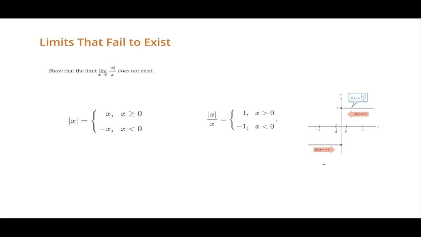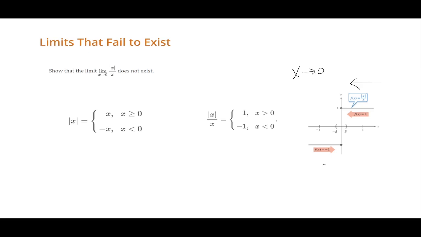So what happens to the value of the function when x approaches 0? At x equal to 0, it's undefined, but when x approaches 0 from the left side, as you can see here, the value is negative 1. From the right side, as you can see here, the value is positive 1. So there are two different values. We don't have one consistent value.